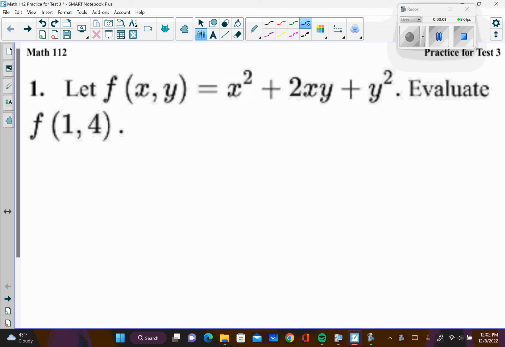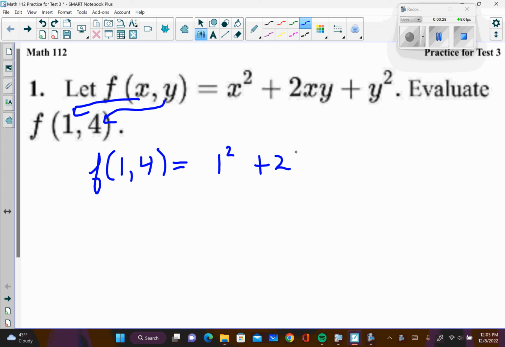F of x, y is given. To evaluate f of 1, 4, we replace x with 1, and we replace y with 4. 1 squared plus 2 times 1 times 4 plus 4 squared.